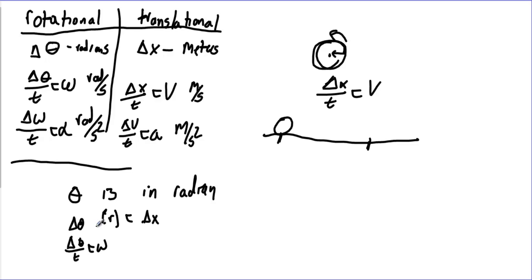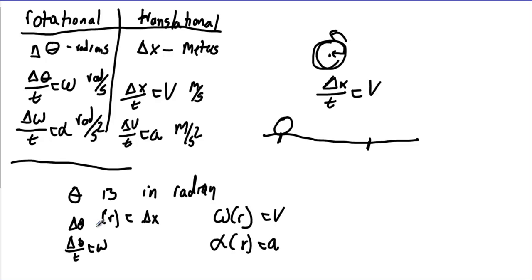Okay, and so if I multiply both sides of that by the radius, then I'm switching into linear again. So what we get is omega times r is equal to v. And finally, there's this other one, alpha, which is angular acceleration, times r equals a.